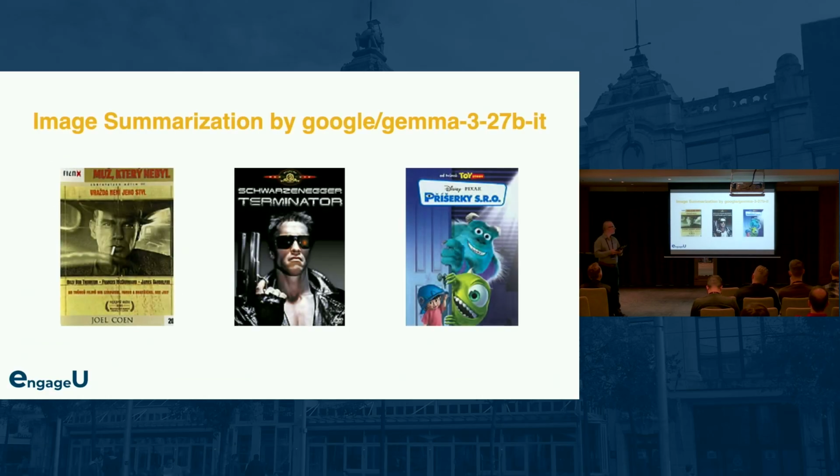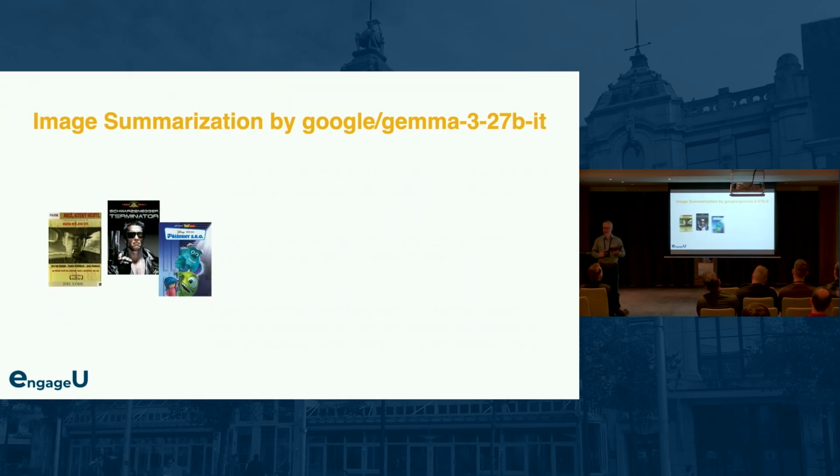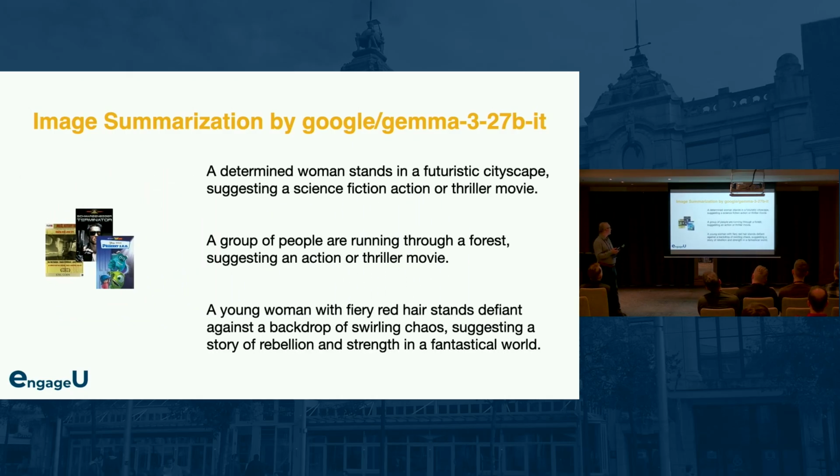And now a little bit of fun, just so you can see how important it is to choose the right model to do the job that you want to do. These are 3 examples of movie posters which I got the AI model to describe based on the picture. And these are the 3 descriptions that I got.